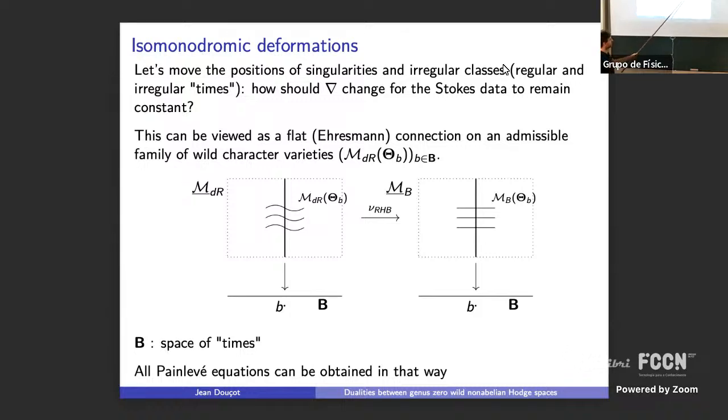And asking for isomonodromic deformations, you want the Stokes data to be locally constant, which I can represent with those horizontal lines. And on the de Rham side, where you have differential equations satisfied by your connection, you can view it as if you transport this Betti picture of isomonodromy via the Riemann-Hilbert-Birkhoff correspondence, you will get such a fibration on the de Rham side.